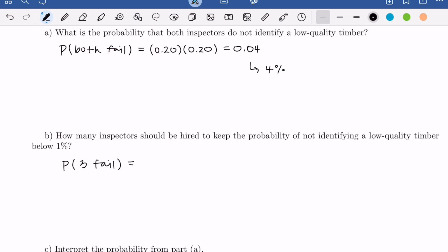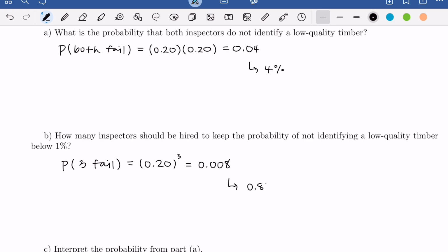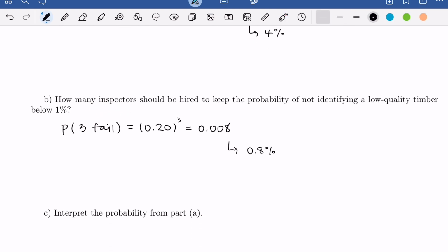This is going to be 0.20 times itself three times, which we know we can just write as 0.20 cubed. Now, plugging this into our calculator, we're going to get 0.008, which is clearly less than 1%. This is going to be 0.8%. So in order to make sure that the probability of not identifying a low quality timber is below 1%, we would need to hire three inspectors. So I'll say that here.